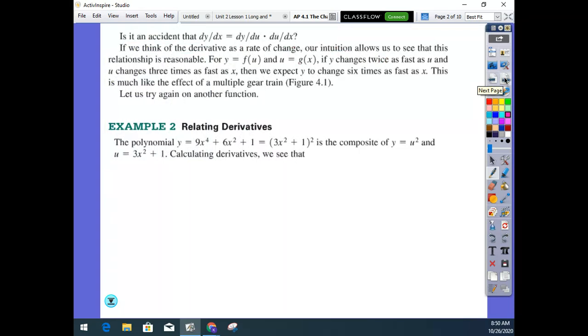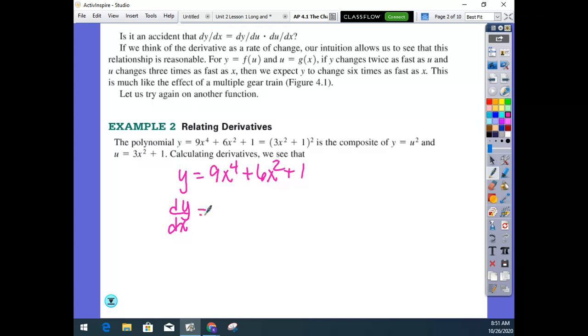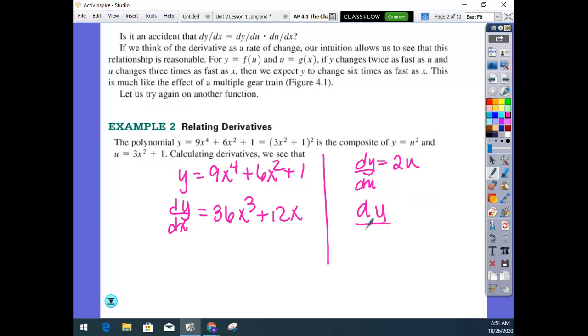Okay, so let's consider y equals... dy dx equals 36x to the third plus 12x. dy du equals 2u. du dx equals 6x. How do we get this?